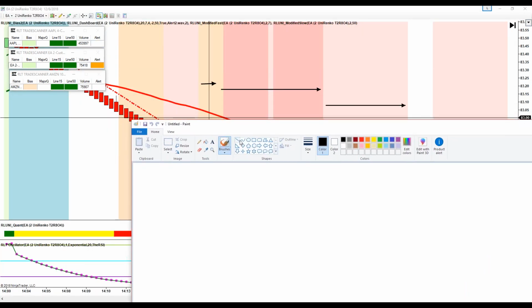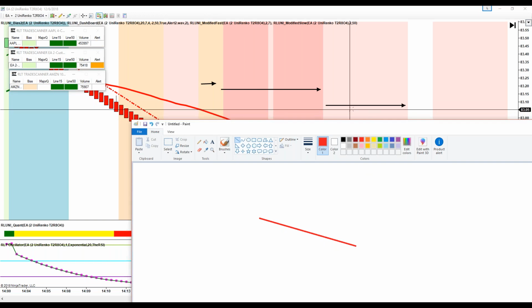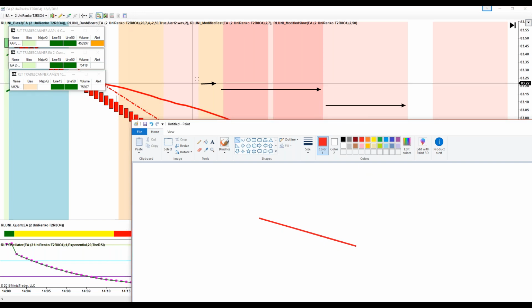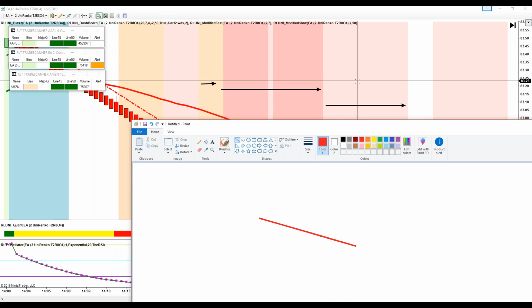Now, when you have this downtrend alignment, you have the 50 heading down. And it's the position of the 15, or this faster moving average, that's going to really determine the color of this background.